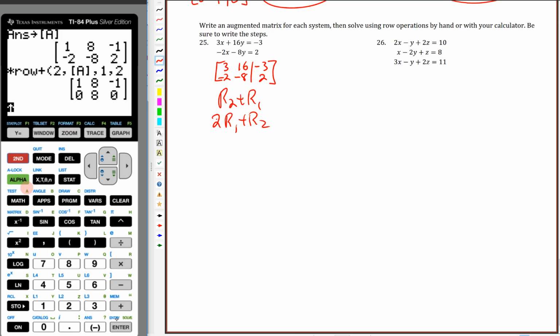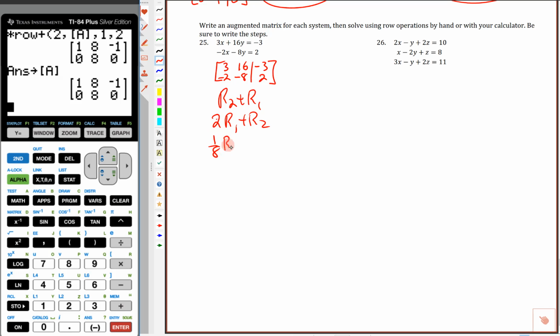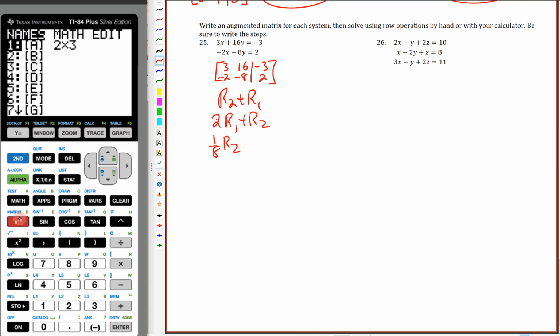So I'm going to recall that store command instead of creating it from scratch. Stored that work, and now we want to turn that into a 1. And again, a lot of times we end up using fractions here, so we need to multiply by something. To turn an 8 into a 1, we need to multiply by its reciprocal, so that would be 1/8 times row 2. And we don't have a times row command yet, so we're going to go and type that from scratch.